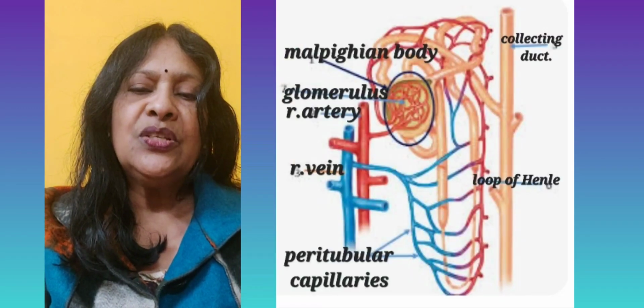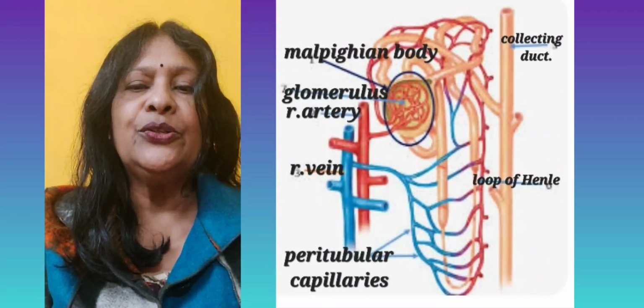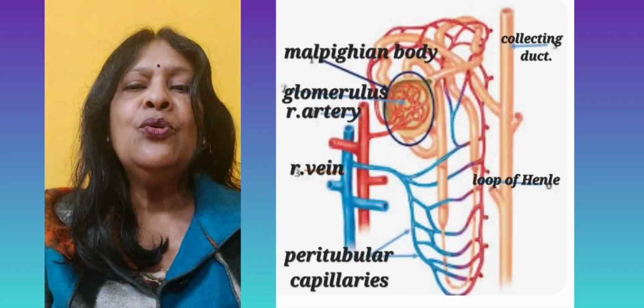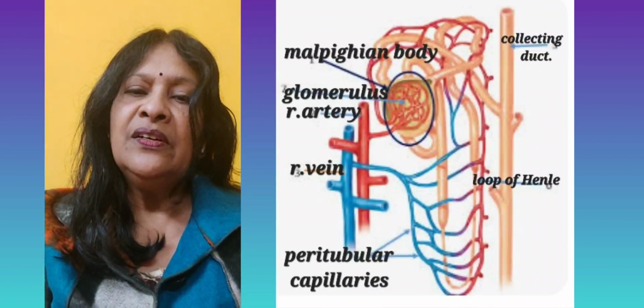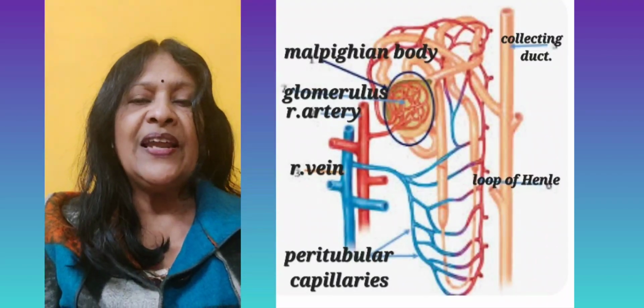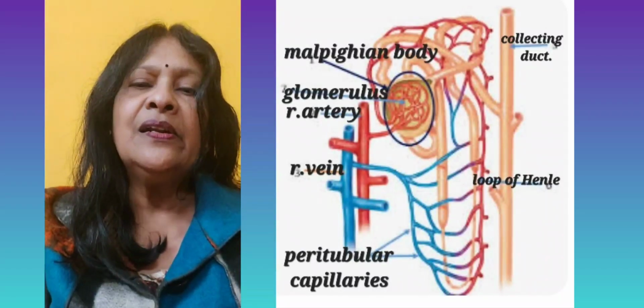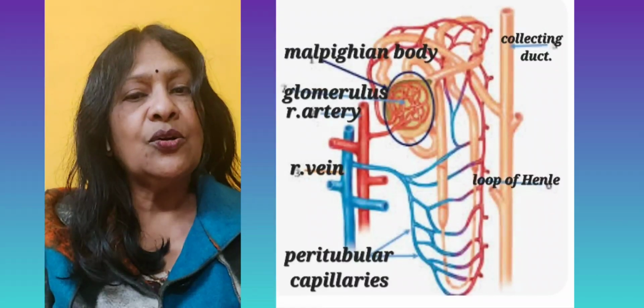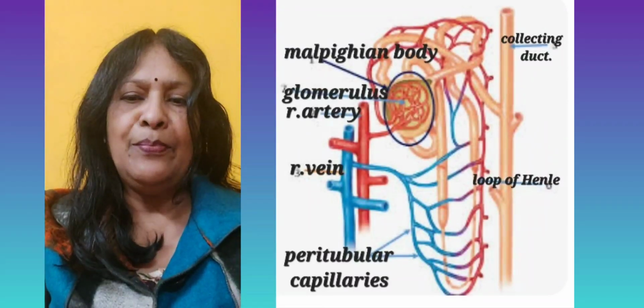Then what happens to the efferent arteriole after it has come out of the Bowman's capsule? It now winds around the renal tubule, right from the proximal to the loop of Henle and then further around the distal convoluted tubule. These are called the peritubular capillaries.